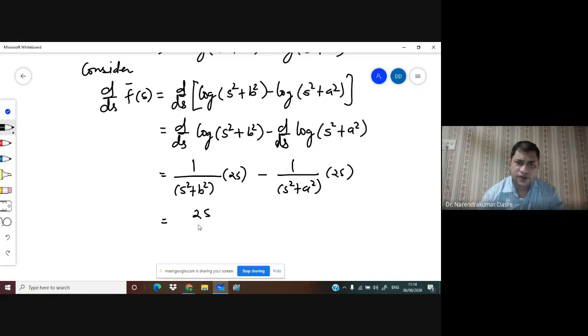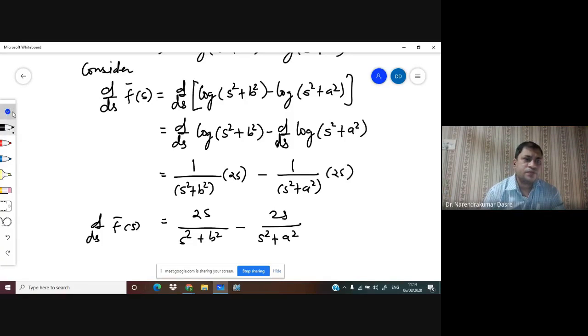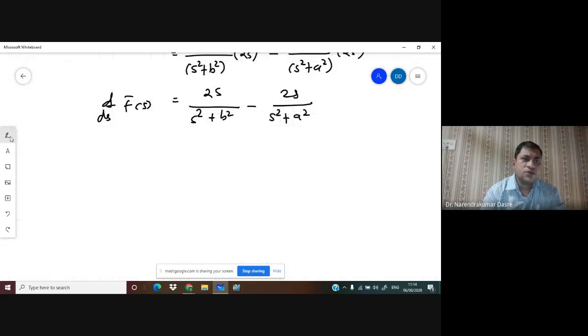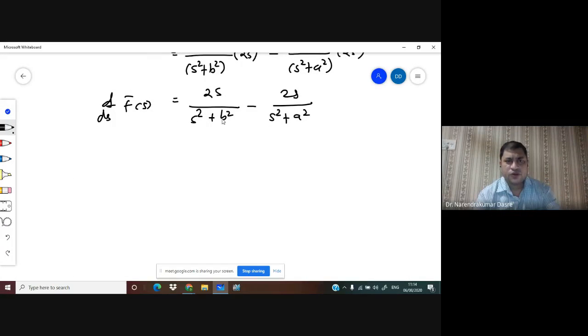So here we can write as 2s upon s square plus b square minus 2s upon s square plus a square, and this is d by ds of f bar of s. Okay, so now we got the first step completed, we got the derivative. Now we'll find the inverse Laplace transform of this.